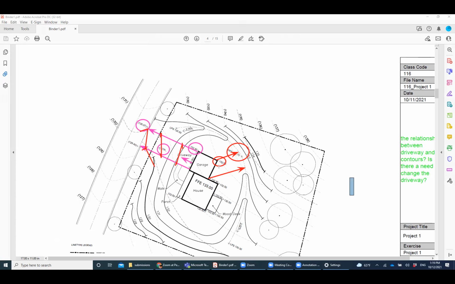But if you feel that you can go from the 132.50 and lower your HPS and recalculate your swale, you can also try that, but based on my experience, you don't want to further lower your HPS because it's already pretty low. So elevate your garage and recalculate your driveway would be a good way to go.